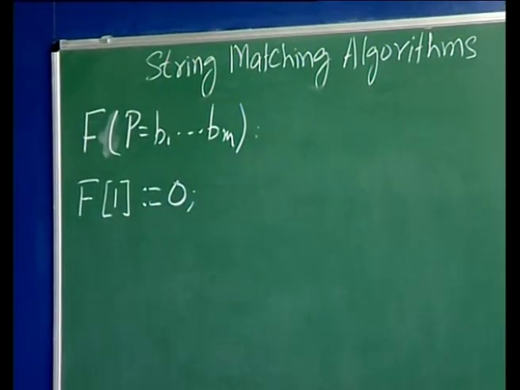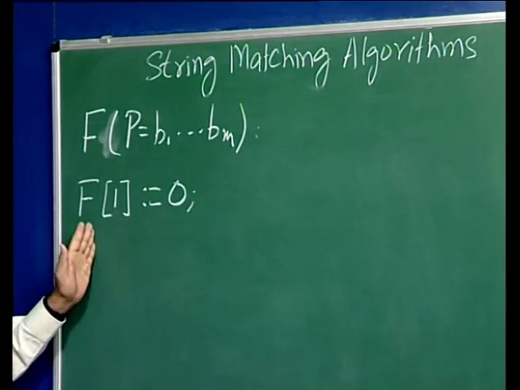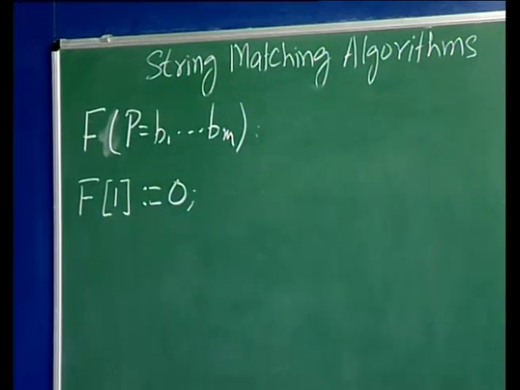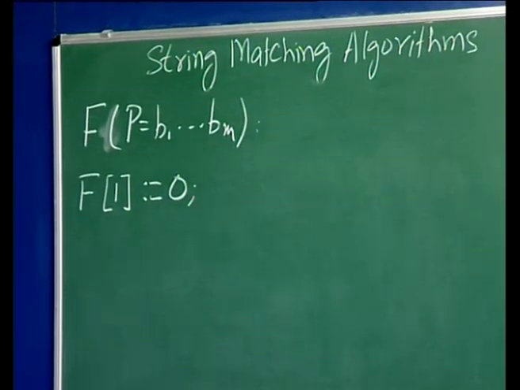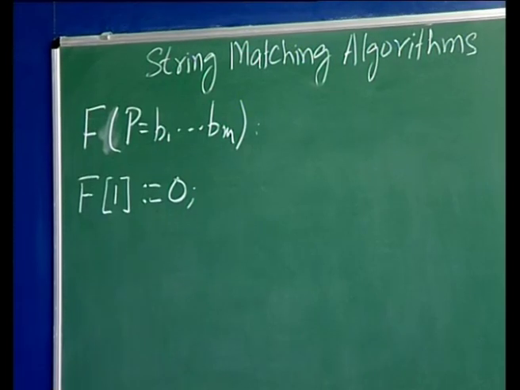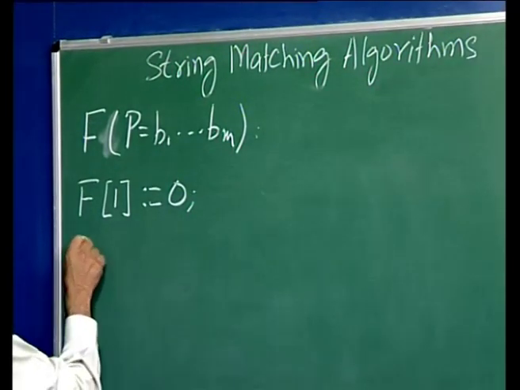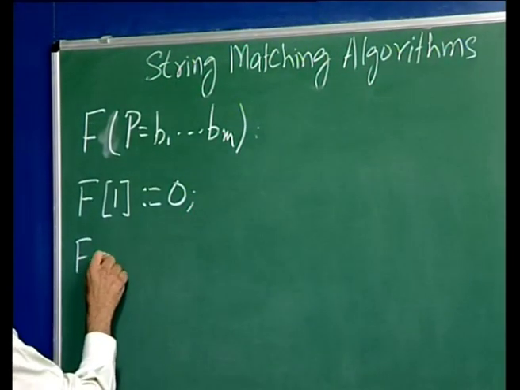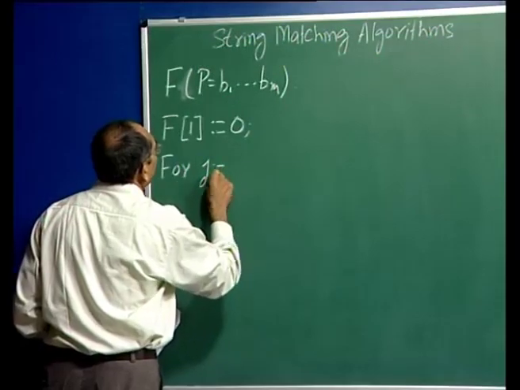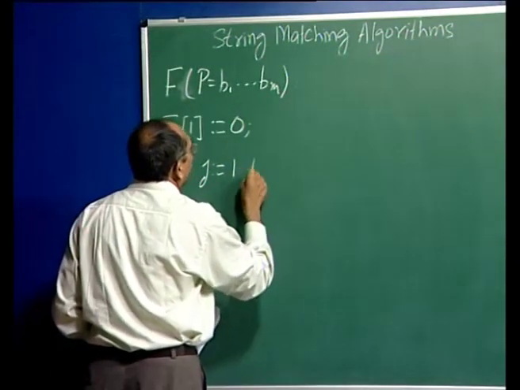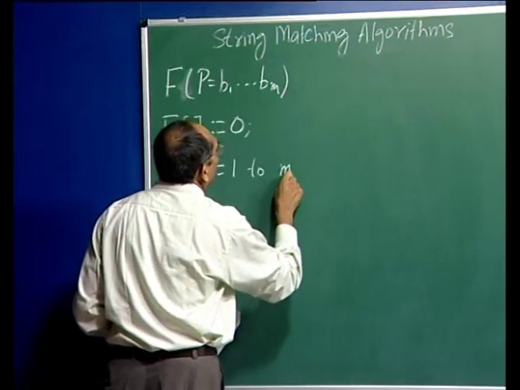So, there is nothing there. We are going to build from lower to higher argument of f. So, let us first put this in a loop for j equal to 1 to m minus 1.